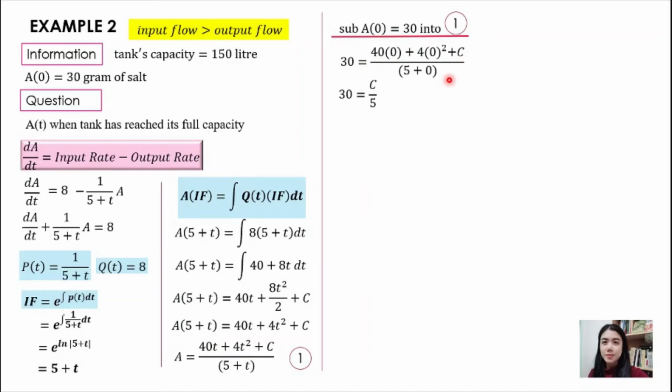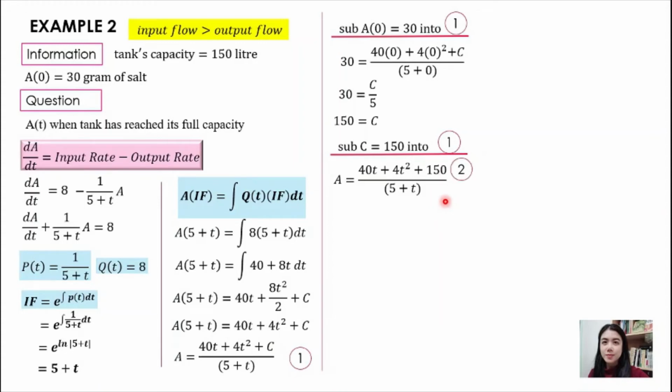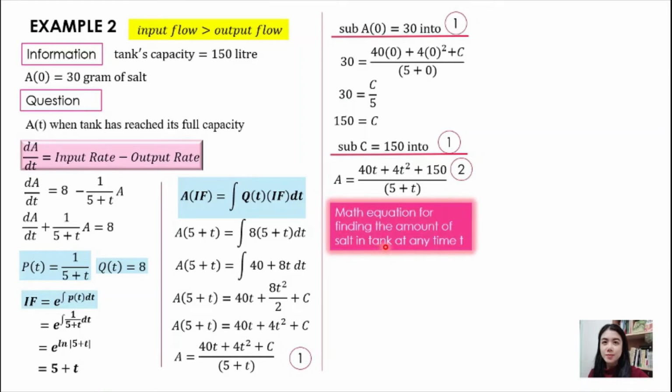Then simplify the right hand side, and you will get your value of c, that is 150. So substitute your c as 150 into your equation number 1. Then we're going to have this one. This is actually your equation, so let's name it equation number 2. This is the mathematical equation for finding the amount of salt in the tank at any time t.